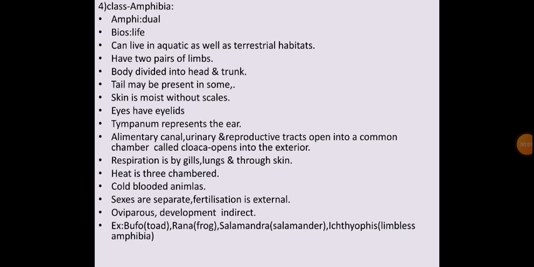Hello students, today we will be studying the next class of division Vertebrata, that is, the next class of Gnathostomata, that is Tetrapoda. Superclass Tetrapoda consists of organisms having limbs.